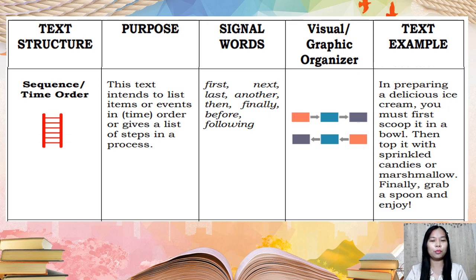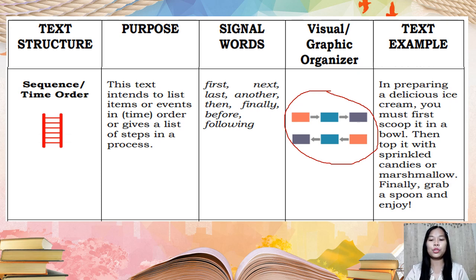So we have the following signal words which are commonly used in sequence or time order text structure: first, next, last, another, then, finally, before, following. And we use the following visual graphic organizer. It shows sequence, or it can also be used in time order text structures.